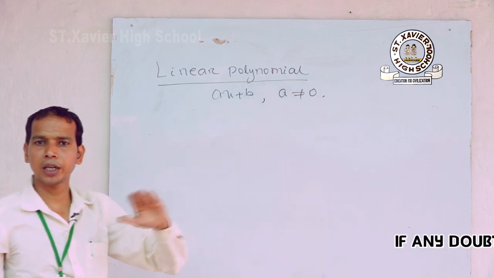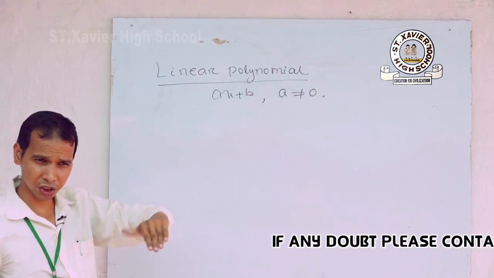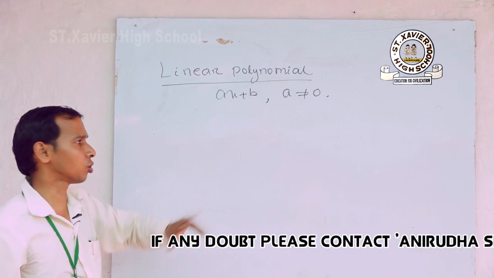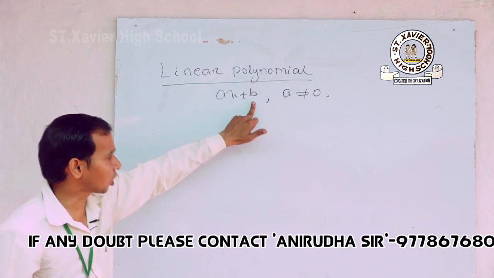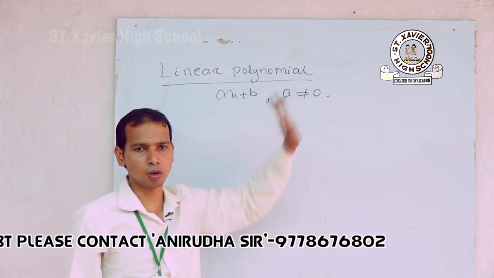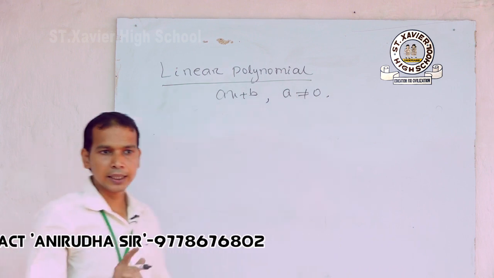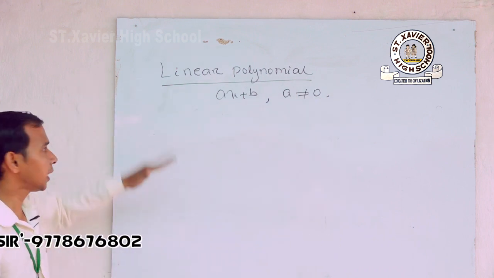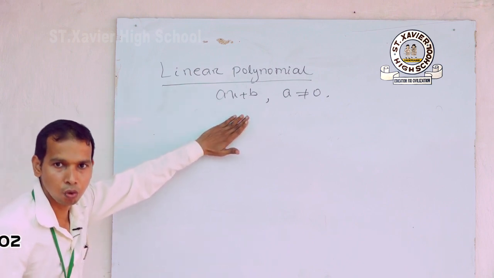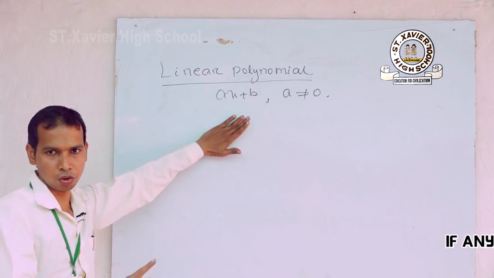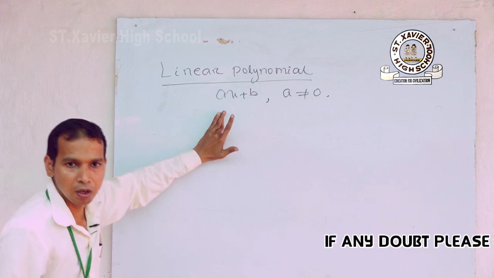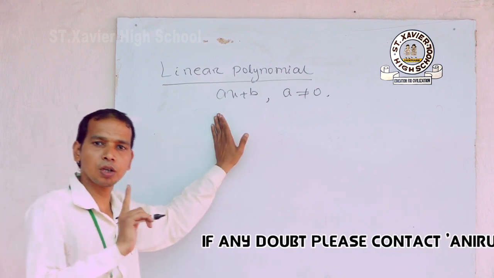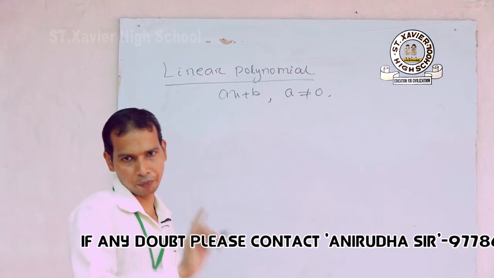The standard form of a linear polynomial is ax plus b, where a not equal to 0. Then number of zeros: a linear polynomial has only one zero. Then factor: a linear polynomial has only one factor.